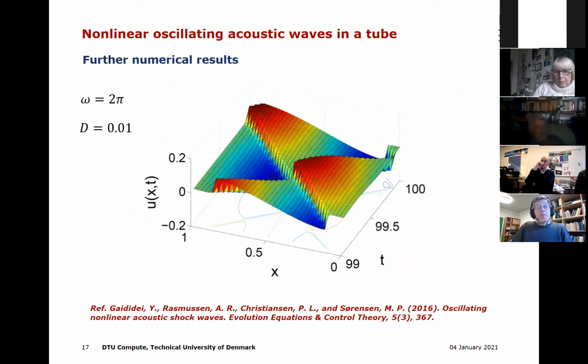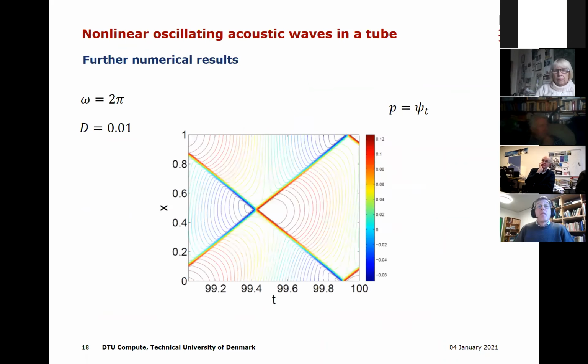We conducted some other types of full numerical simulation of this acoustic wave in a tube. And here you see you go from x equals 1, so the length of the tube is 1, and here you see a stationary state of two counter-propagating and interacting solitons. But on top of that, you have some nearly linear modes also.